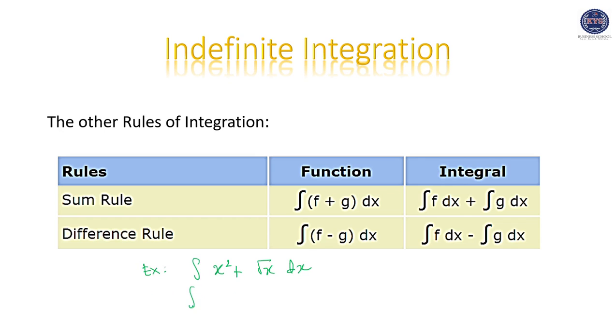So what you can do is separate, integrate x squared dx plus integrate square root of x dx. The main reason is to avoid careless mistakes. Okay, but if you are confident enough, you just proceed without splitting both functions. You can straight away integrate.